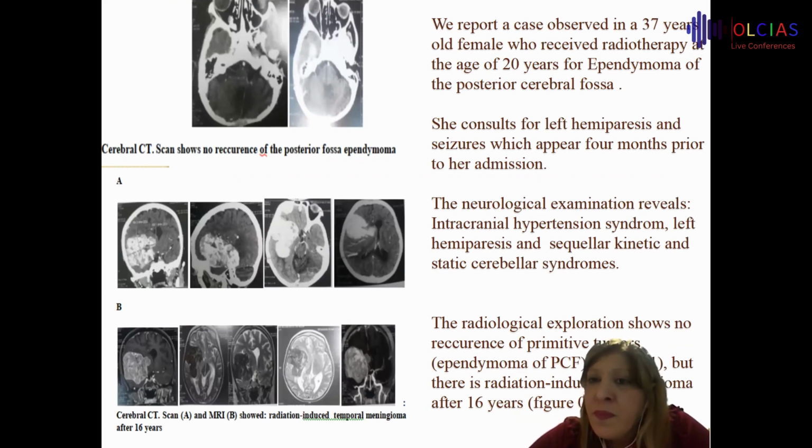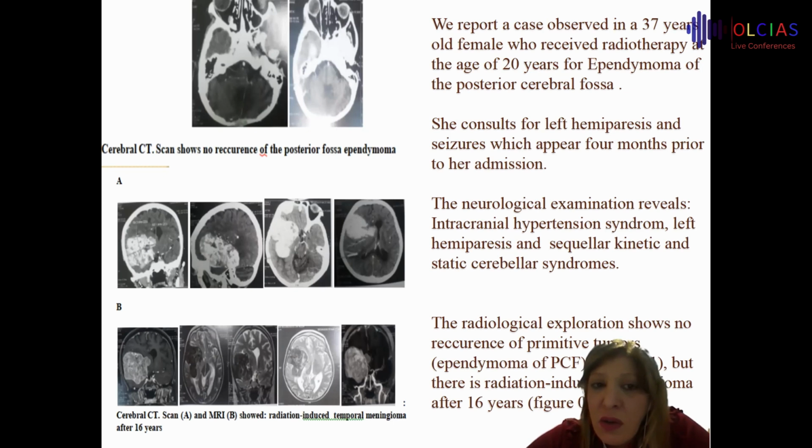After 17 years, she consulted for hemiparesis, seizure, and headache, which appeared 4 months before her admission. The neurological examination revealed, firstly, intracranial hypertension syndrome, secondly, a left hemiparesis, and also cerebellar static and kinetic syndromes.